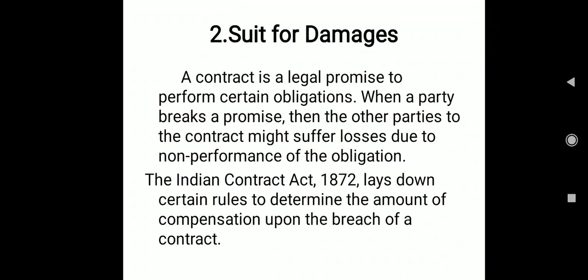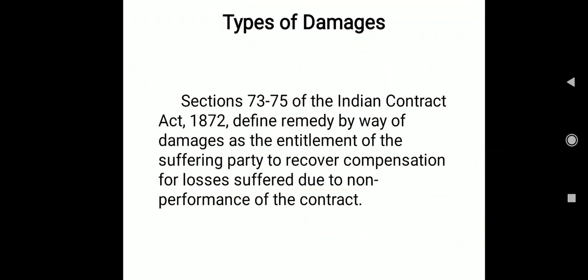In such cases the other party is entitled to get some compensation and can file a suit for compensation. But here we first have to check what type of damages has arisen, and according to the type of damages, you can decide the compensation.